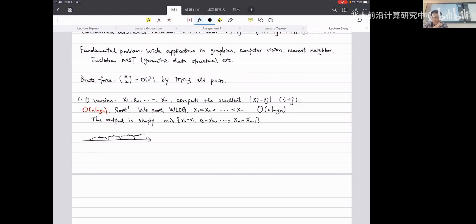The 1D case is relatively straightforward, but for the 2D case, you can probably imagine that this brute force sorting strategy is not going to work directly. You need to introduce some new idea here.